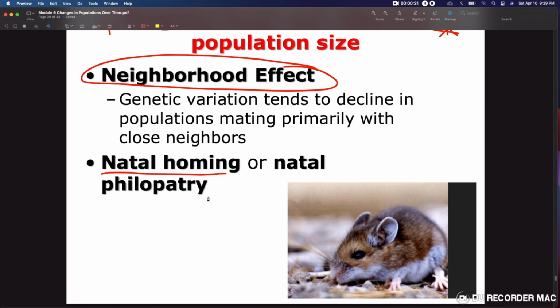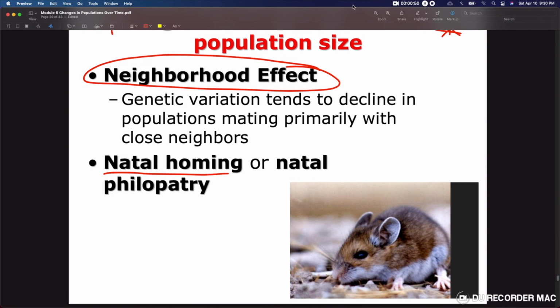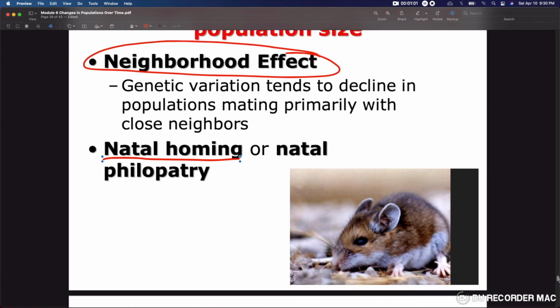They usually come back home to reproduce with the same species that also came back to that same homing place. That also affects the amount of genetic variation because they will only have sex with the organism that also went back to that same place, okay, to that spawning ground.